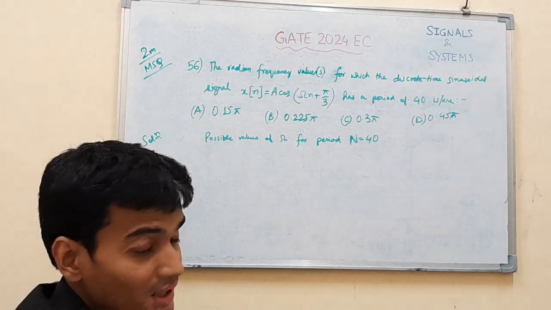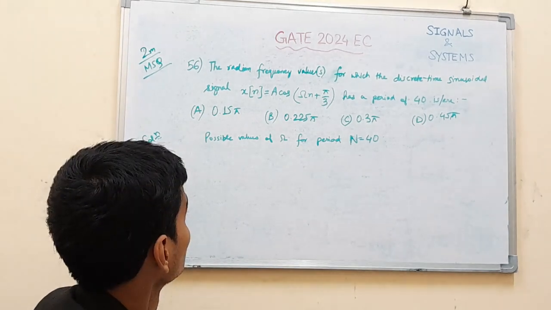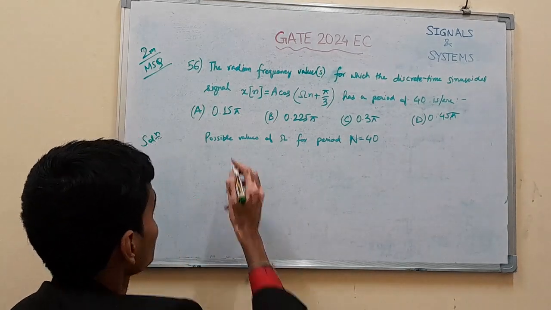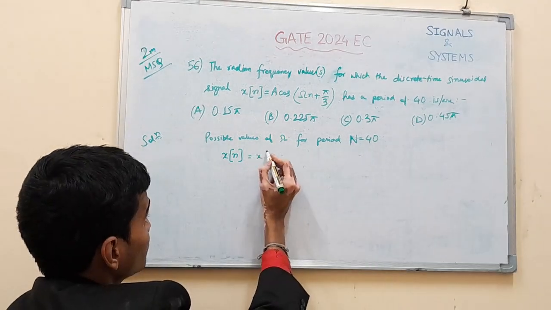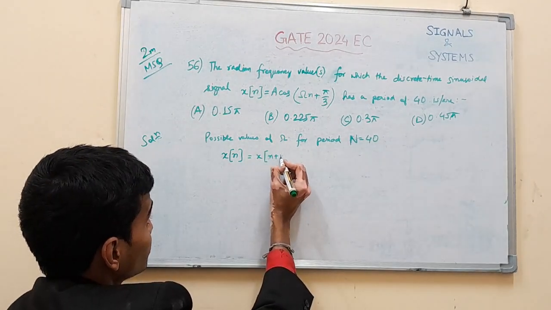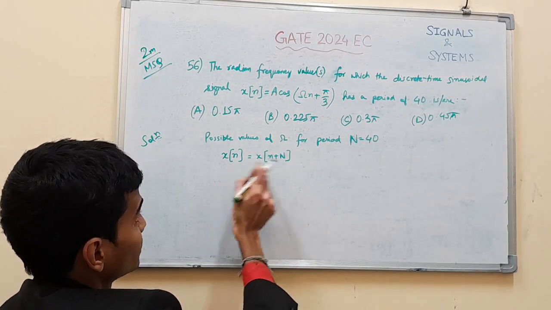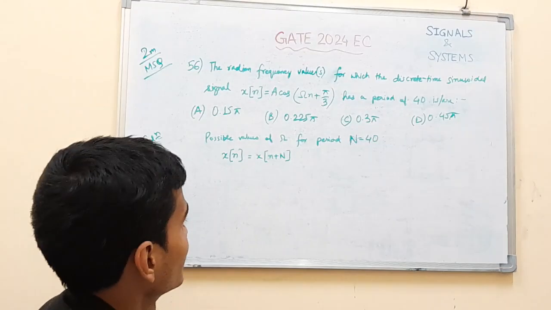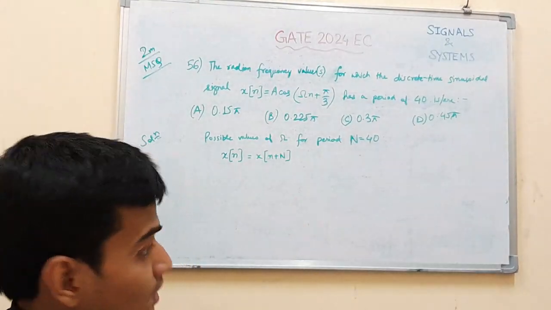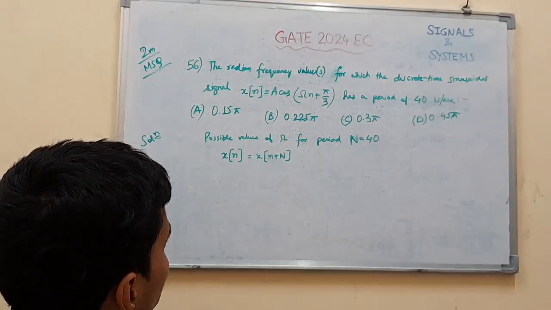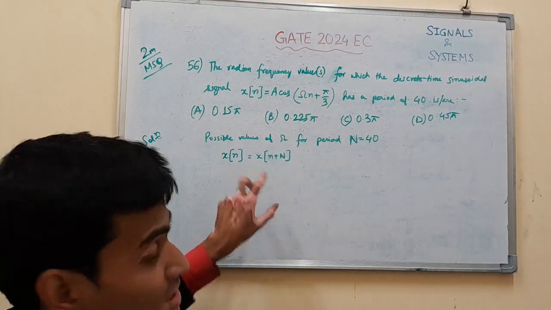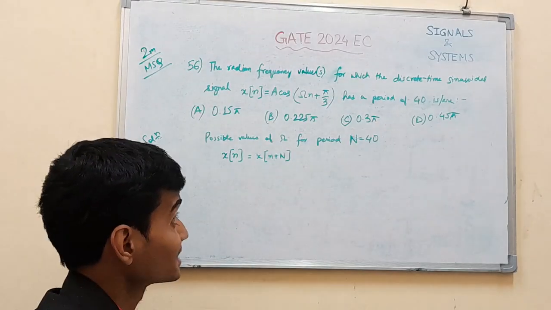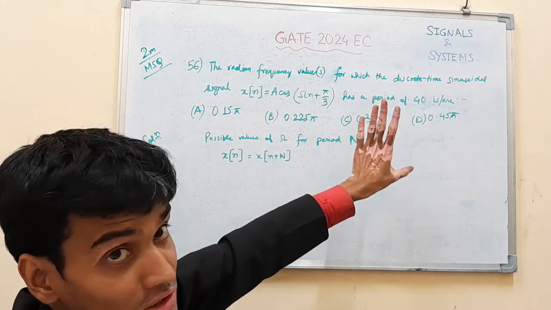As per the definition of period, we know if a signal has a period of capital N, then x of n plus capital N equals x of n, as per the standard definition. Now basically you have to check for what values of omega this definition will be satisfied. Mind that here the fundamental period is not asked.